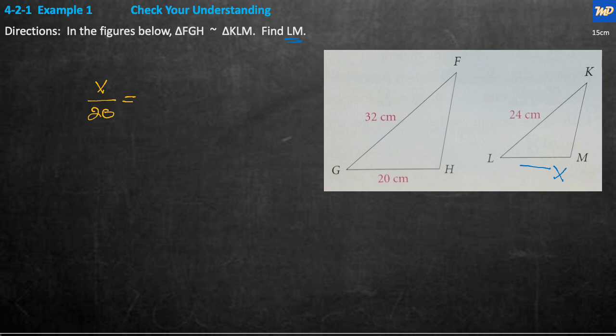And then we could say as 24, we have to start with the same triangle. So 24, the corresponding side is to 32. Okay? The rest is all simple.